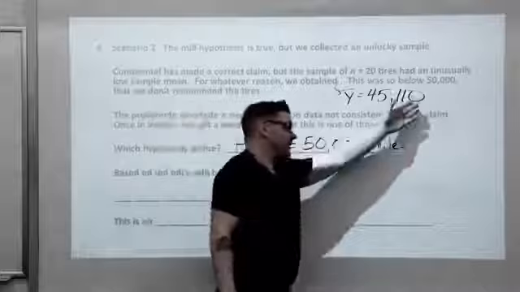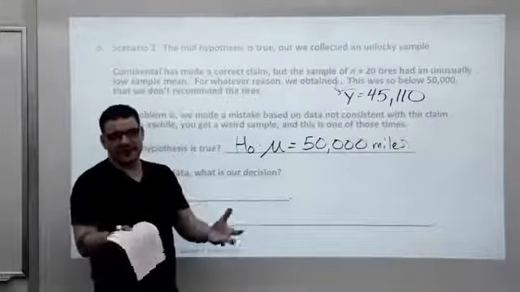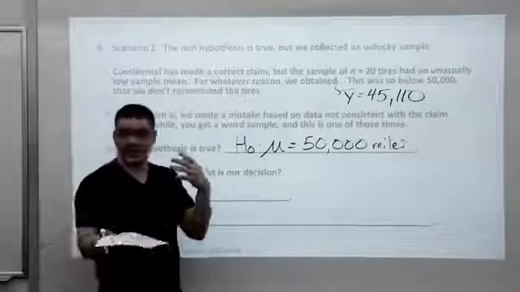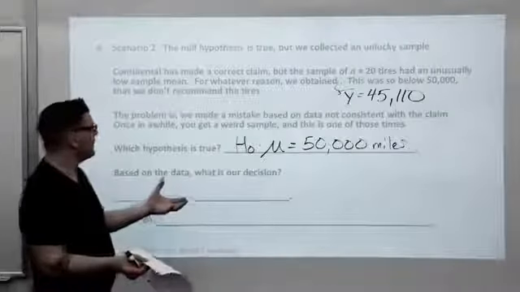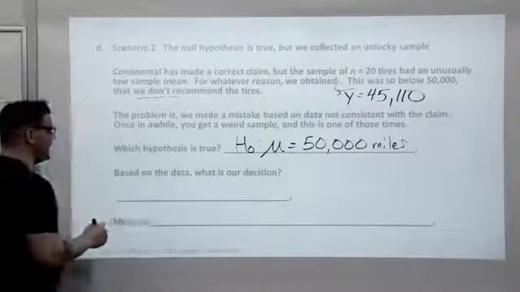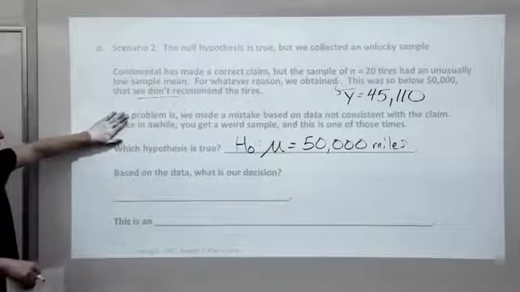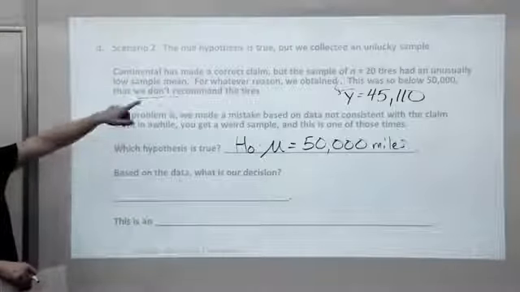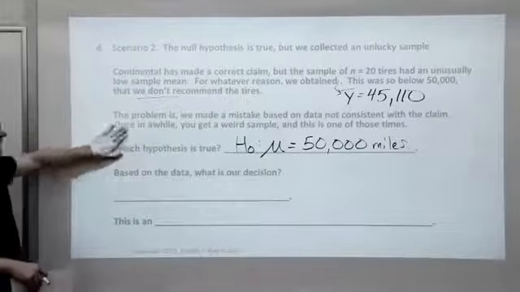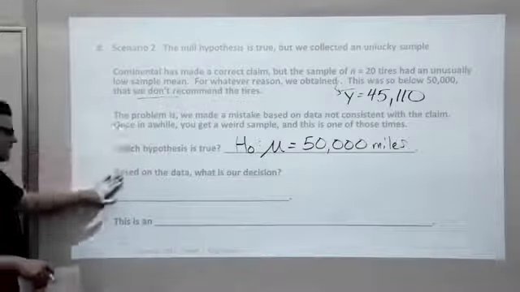If you ran through the hypothesis test, this data was compellingly below 50,000 to cause us to reject the null, right? This was so below 50,000 that we don't recommend the tires. Problem is, we made a mistake based on data that was not consistent with the claim. We got that unlucky sample. Once in a while, you'll get one of these weird ones. This just happens to be one of those times.